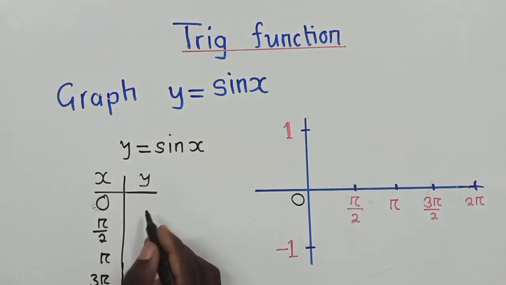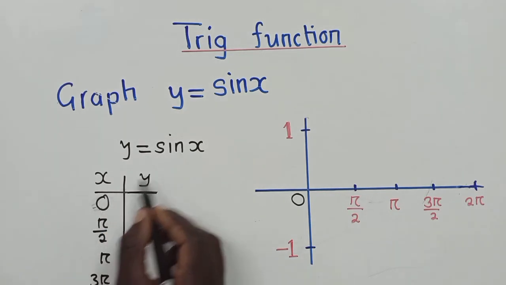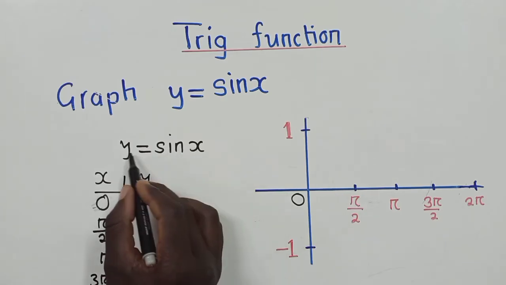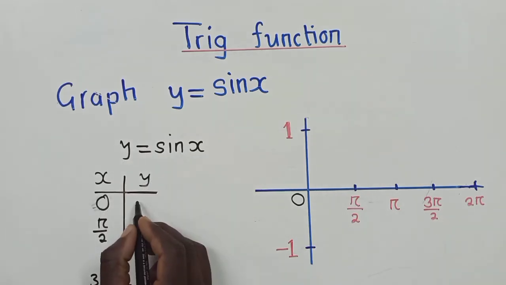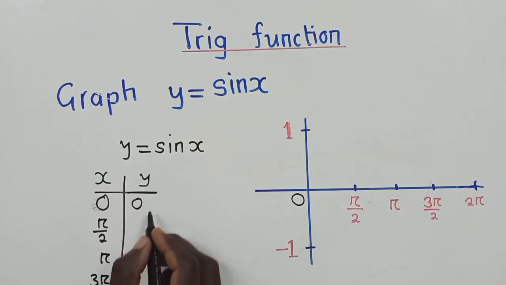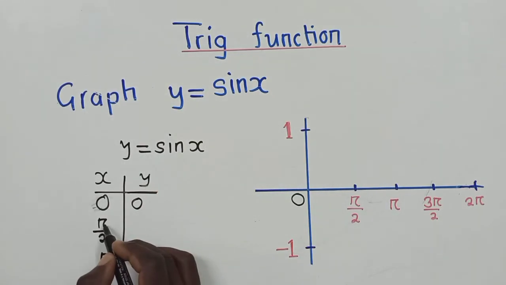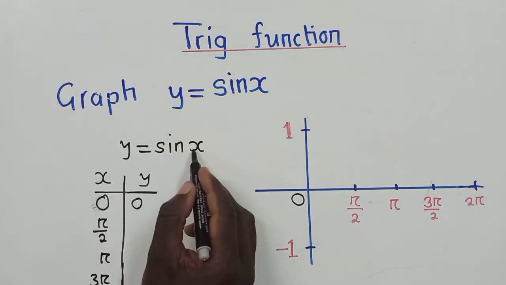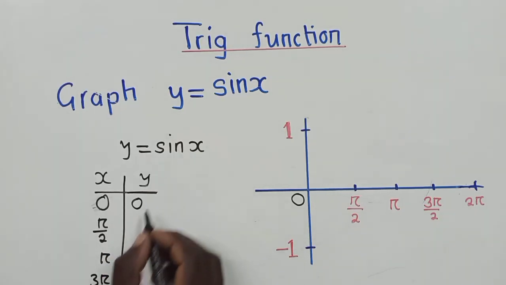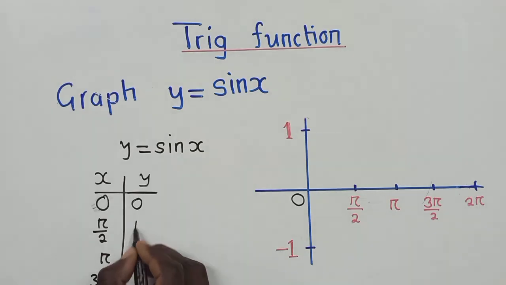Now we start plugging in. When we get 0, we put it here where x is. What is our y? Our y will be equal to 0 because sine 0 is just 0. When we put pi over 2 right here, what are we getting? Our y will be equal to 1.